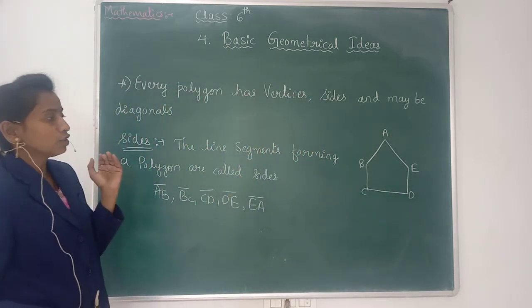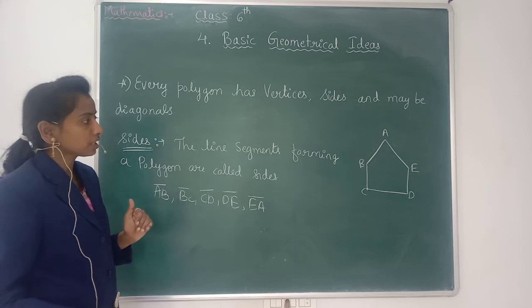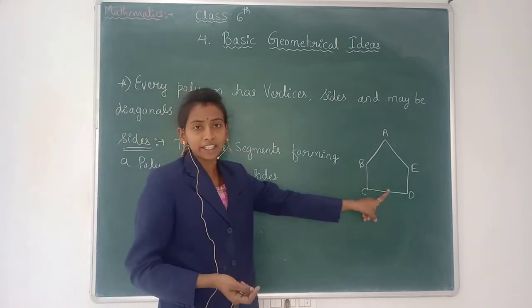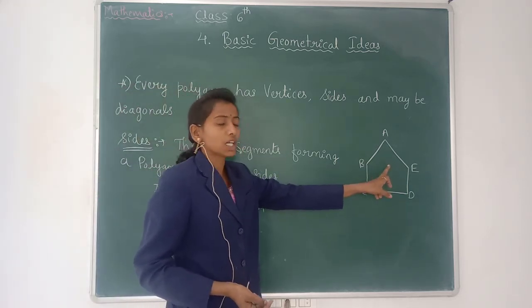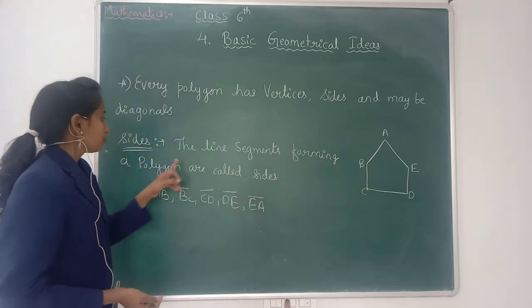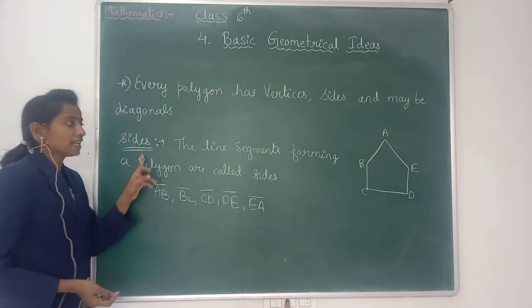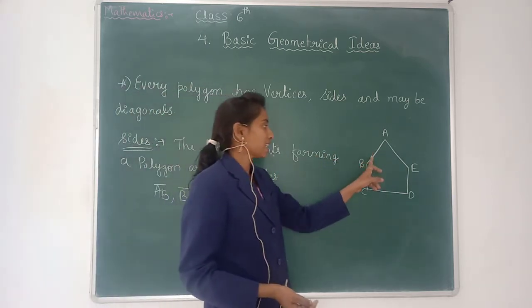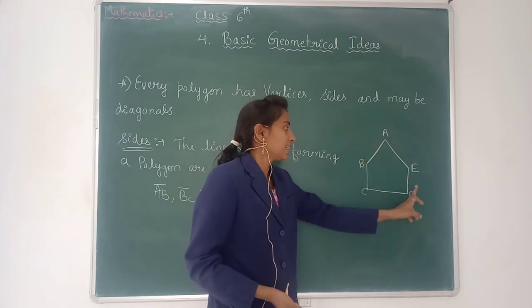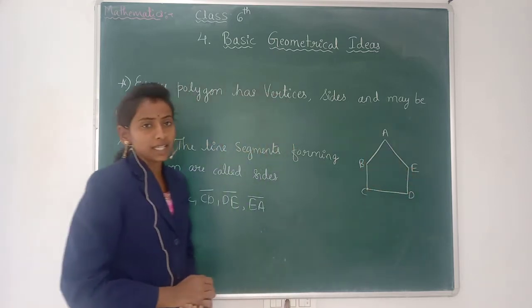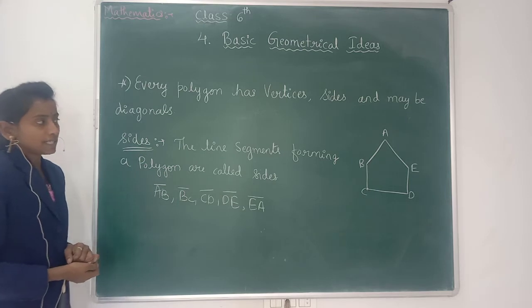When you join the line segments, you will get a pentagon. So we got this closed curve. For that, line segments only we call sides. AB side, BC side, CD, DE and AE. These all are called the sides.